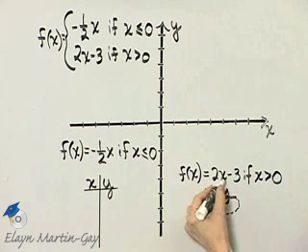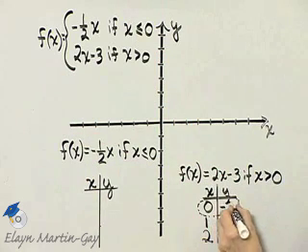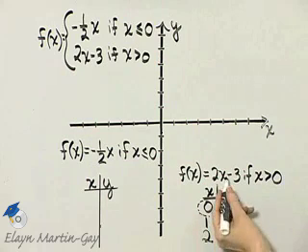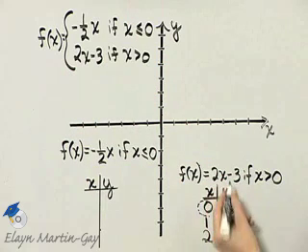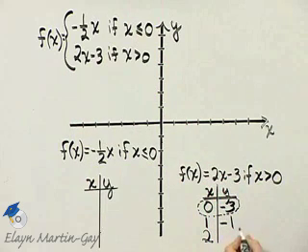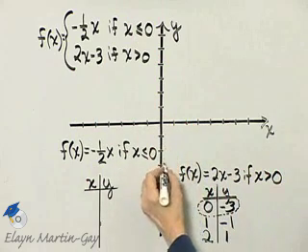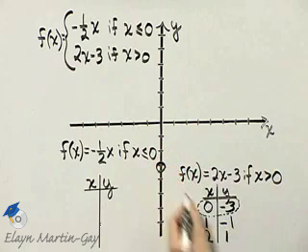So if x is 0, I have -3. I'm using this rule. If x is 1, 2 times 1 is 2. 2 minus 3 is -1. And if x is 2, 2 times 2 is 4. 4 minus 3 is 1. And let's just graph this piece. 0, -3, and that is an open circle only.